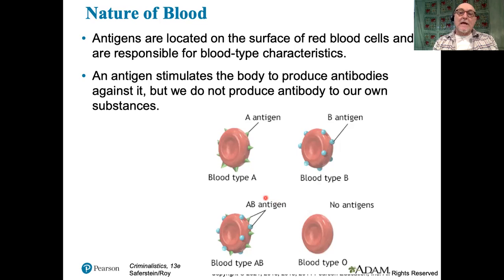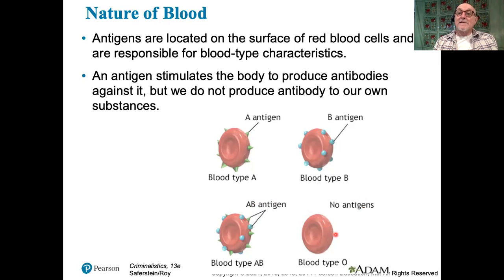Other people can inherit both. They can inherit the genes for both A and B antigen and bear both on their red blood corpuscles. We say that they are type AB, and that both antigens are present. But then there are people who inherit no antigen genes at all. They are not able to produce antigen.